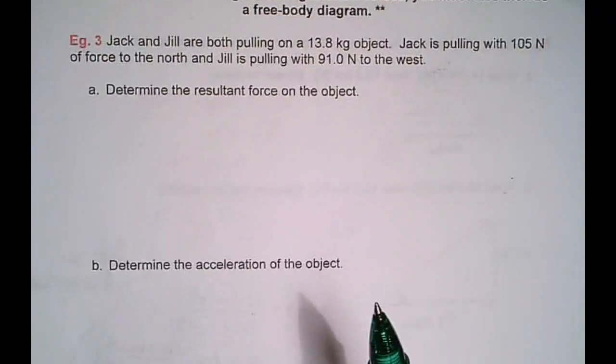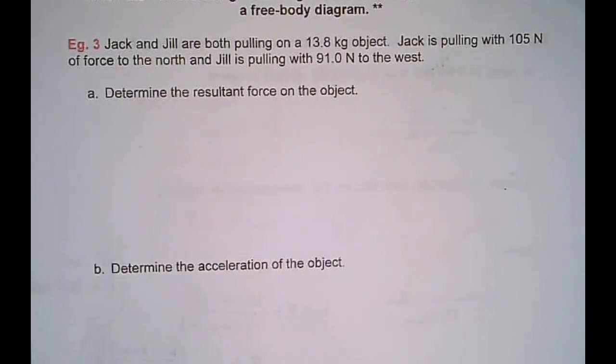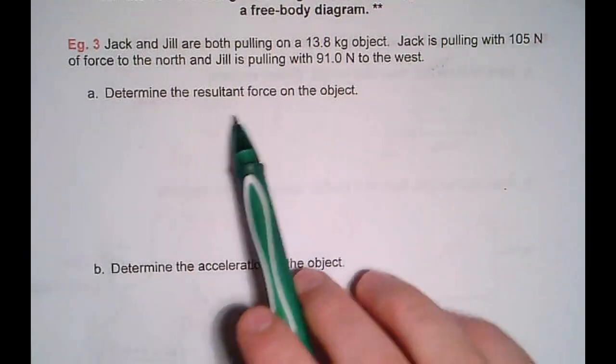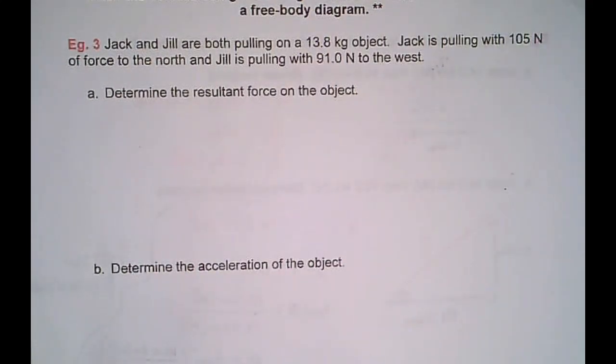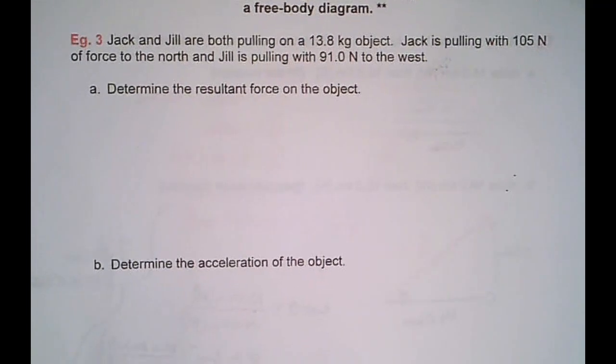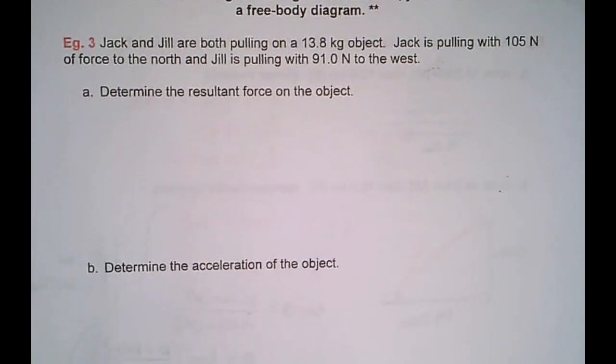So let's look at this next example, example 3. Jack and Jill are both pulling on a 13.8 kilogram object. Jack is pulling with 105 newtons of force to the north, and Jill is pulling with 91.0 newtons to the west. We want to determine the resultant force on the object. The first thing we're going to do is draw out our diagram of what's happening.